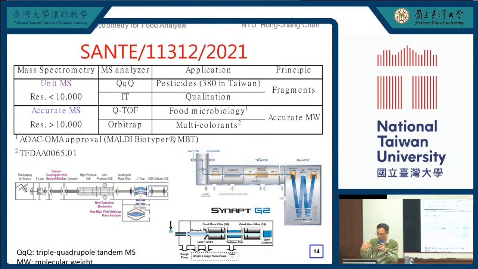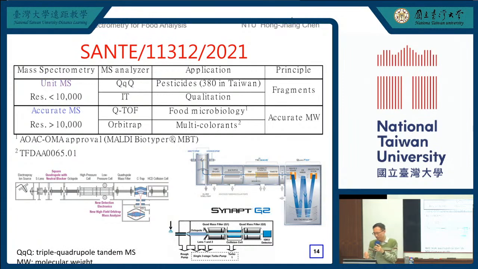So there are two different types of MS machine. For unit MS, the traditional way is to use triple quadrupole, linear ion trap or ion trap as a mass analyzer. For accurate MS, they have the Q-TOF or Orbitrap as an analyzer. I'm not sure if a machine that only detects 1, 2, 3 is not good.